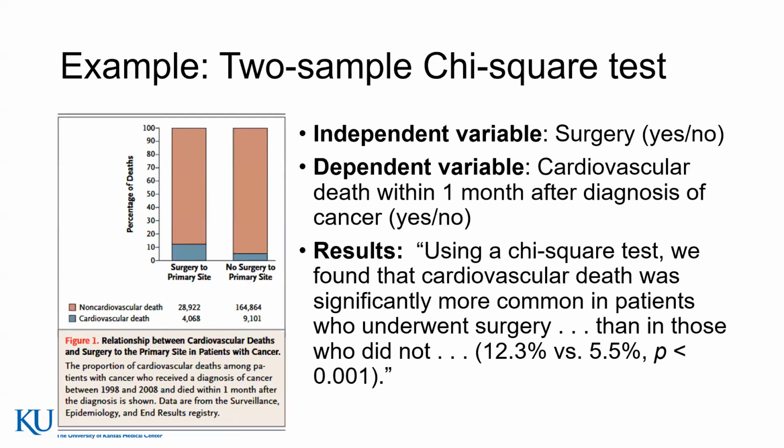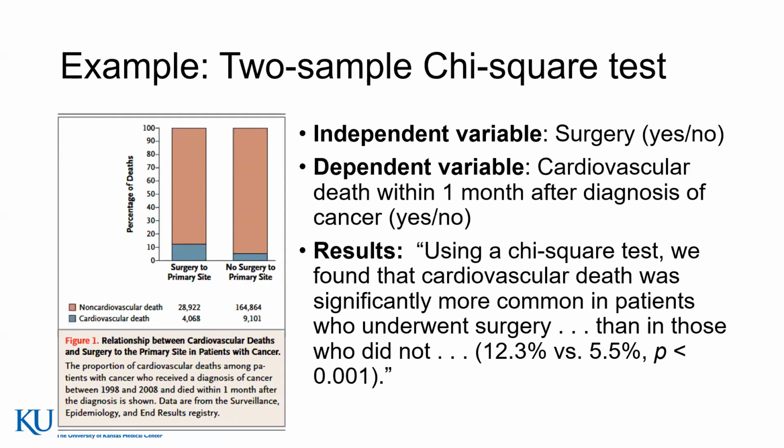So the investigators are interested in examining a relationship between cardiovascular death, which is the dependent variable, and whether or not the patient had surgery on the primary site. So that's the independent variable.